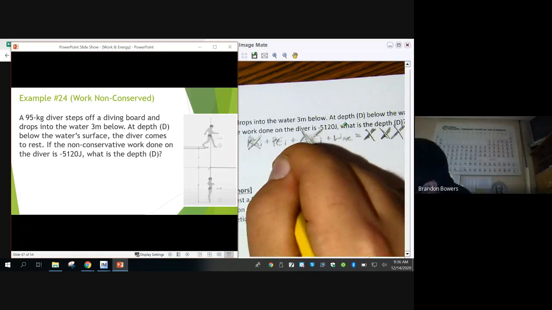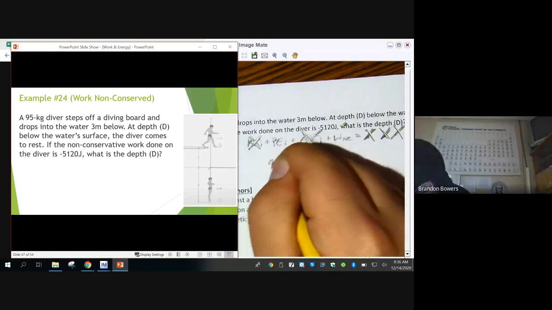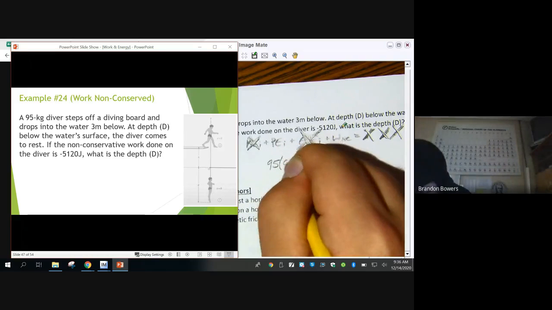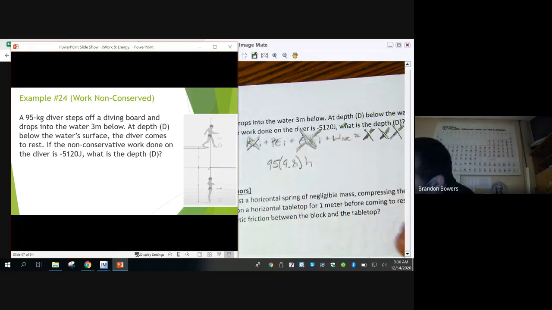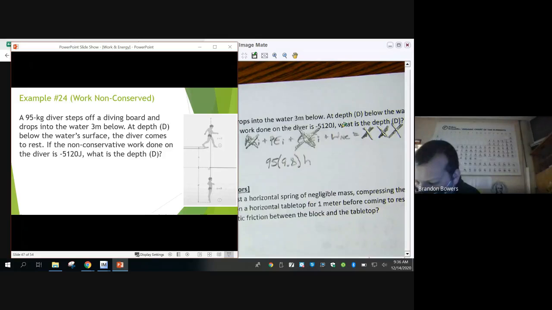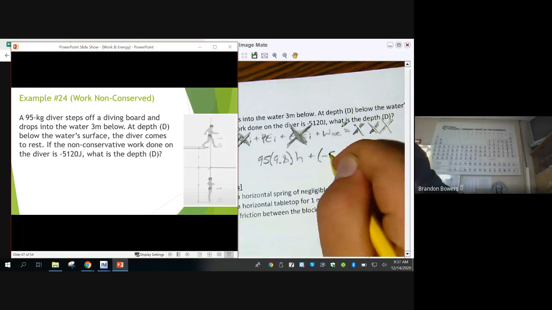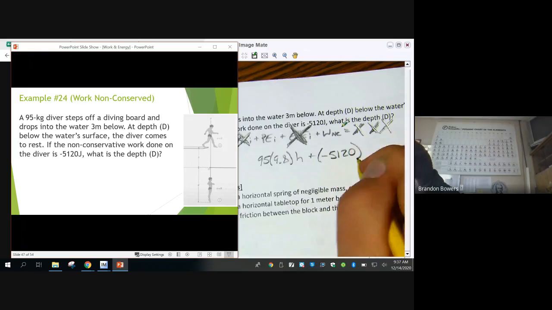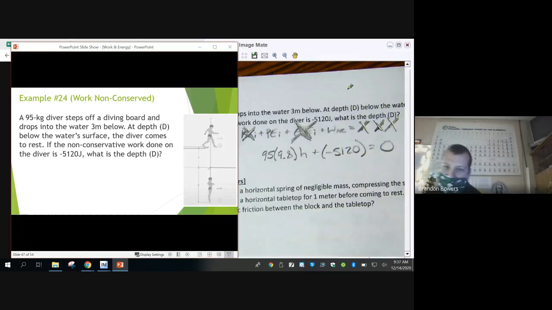My mass is 95, times gravity times the height. We don't know the height above 0, so that's what we're solving for. Plus the work non-conserved, which I'm given, a negative 5.20, is equal to 0.